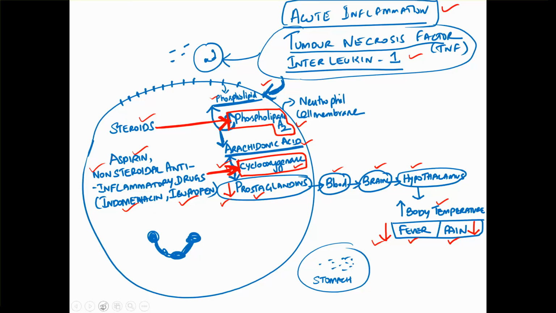So the stomach wall is protected by mucus, and this mucus is produced because of the cyclooxygenase enzyme. Cyclooxygenase enzyme helps them to produce mucus. If we block cyclooxygenase here, cyclooxygenase here also gets blocked, so mucus will be reduced.